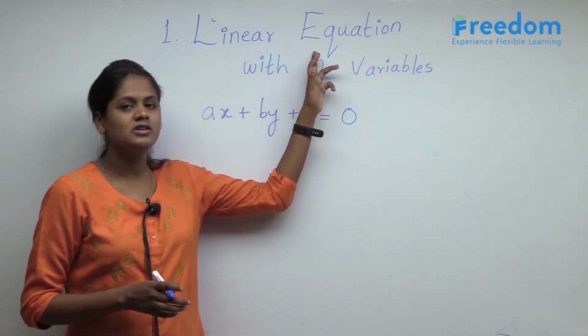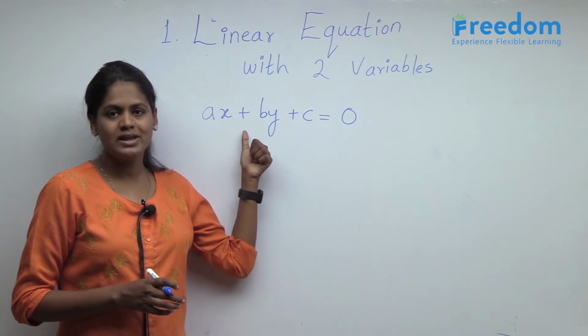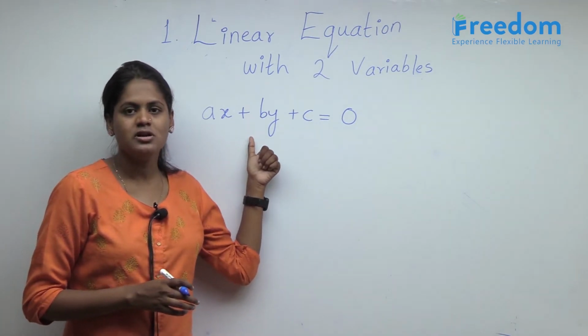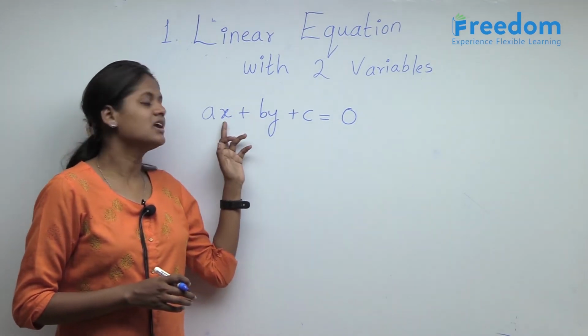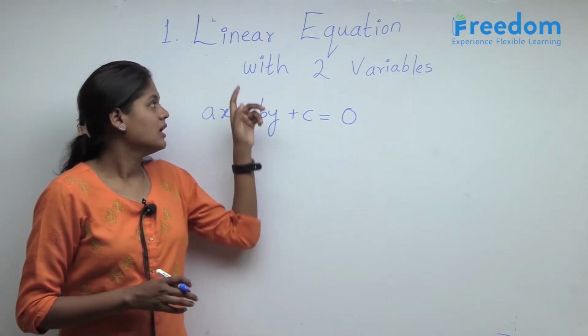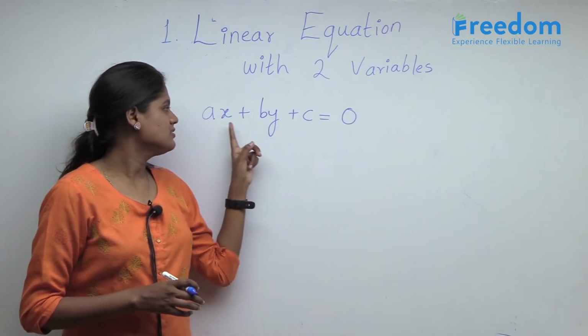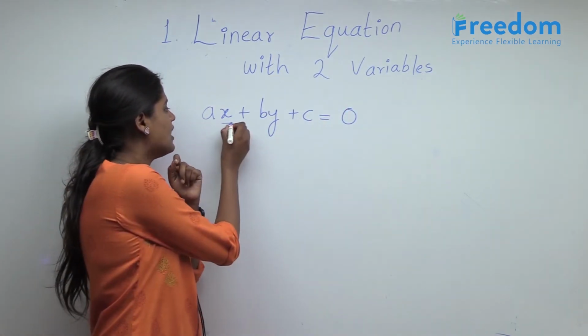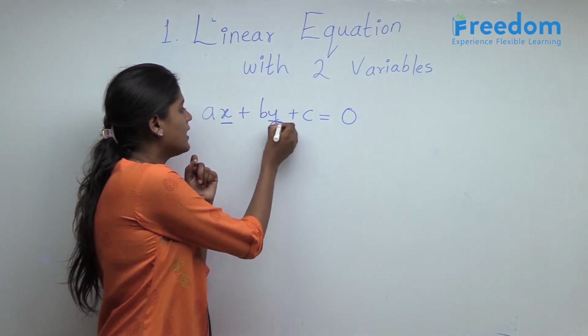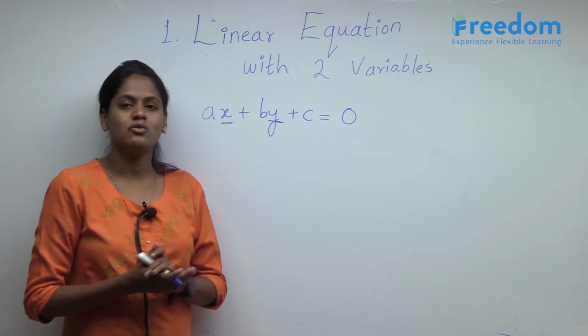Linear equation means an equation should carry a coefficient, a variable or a constant, and some degree to that variable or constant. Two variables are there in this equation, here these variables are x and y.